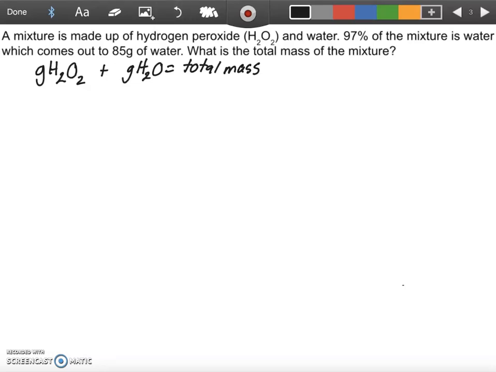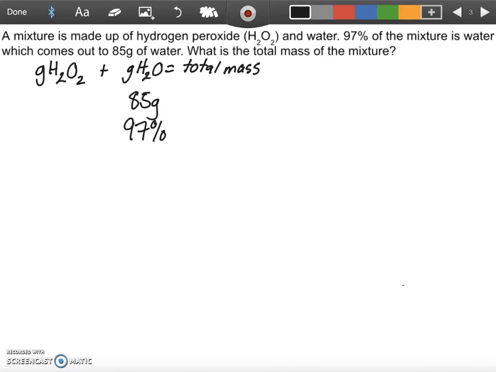Unfortunately, it didn't give us any information about how much mass of H2O2 there is. It only gave us information pertaining to the water. In fact, it said there are 85 grams of water in this mixture, and that those 85 grams are 97% of the total mixture.